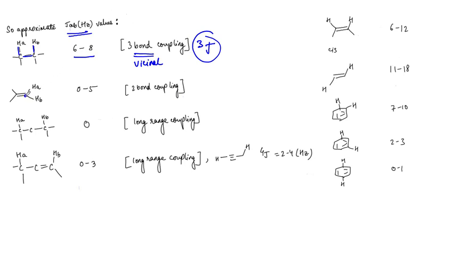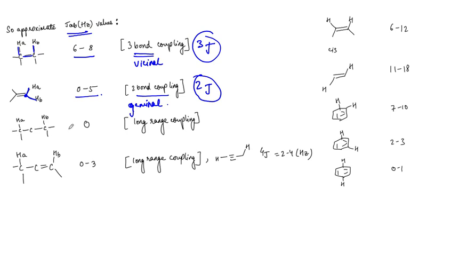The geminal coupling, as I told you, is a little bit lesser than vicinal coupling, but it is noticeable, and we write it 2J because it is only a 2-bond coupling. It is 0 to 5. You don't have to remember all of these values, but by looking at the data you must be able to understand which kind of coupling this is.